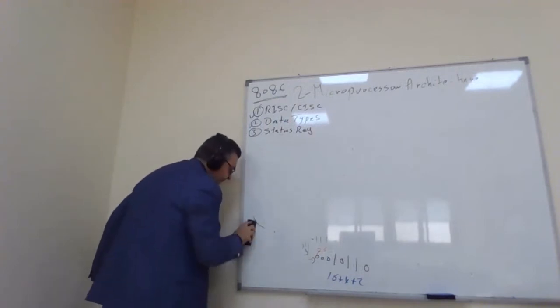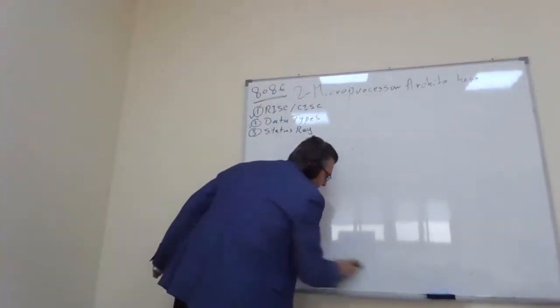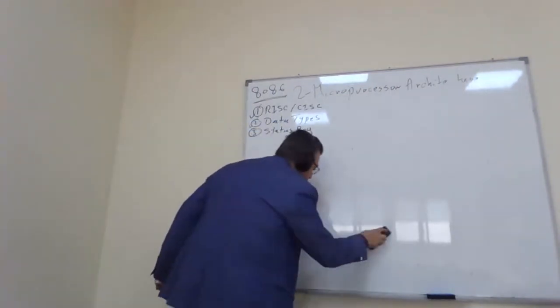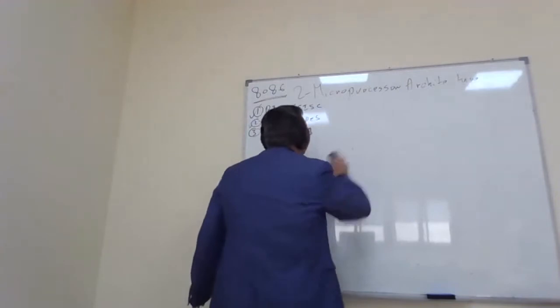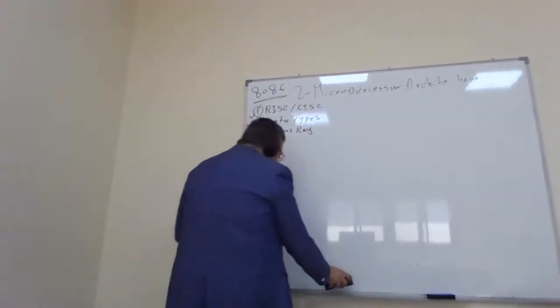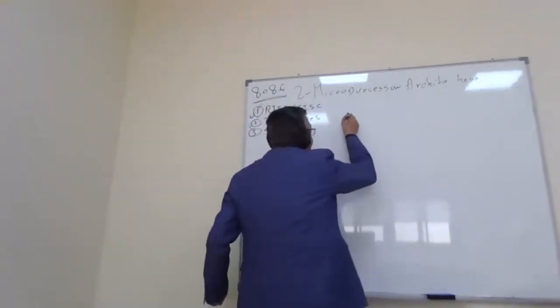Right. What's next? The last thing in this chapter is to talk about the last register, which is what's called the status register.